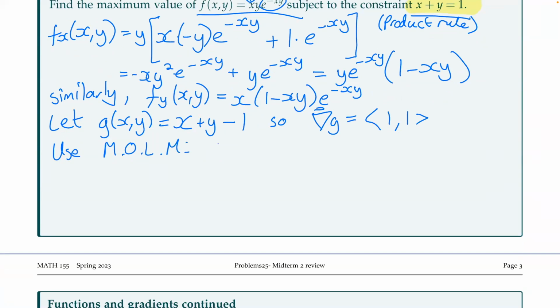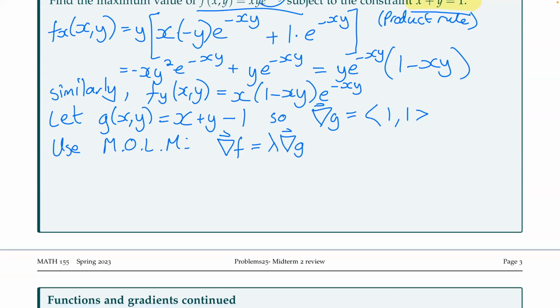We need to have the gradient of f. Remember, that's just going to be the vector that has our partials of f with respect to x and y, equal to some lambda, some constant, times the gradient of g, which we've just worked out.